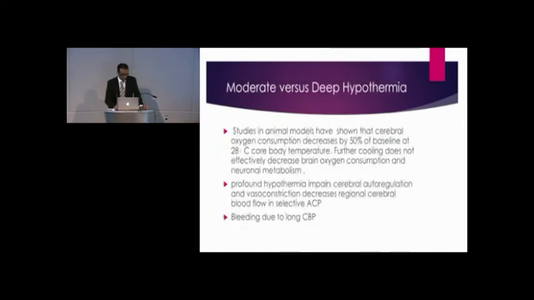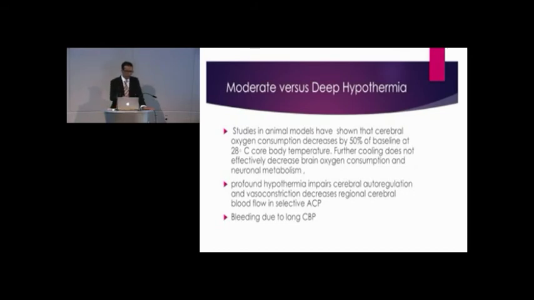The other question is, do we go with moderate or deep hypothermic circulatory arrest? People now tend to use moderate more than before, because a lot of studies have come out showing that moderate is very reliable and also safe to use in any complex aortic surgery. Studies in animals looked at cerebral oxygen consumption.